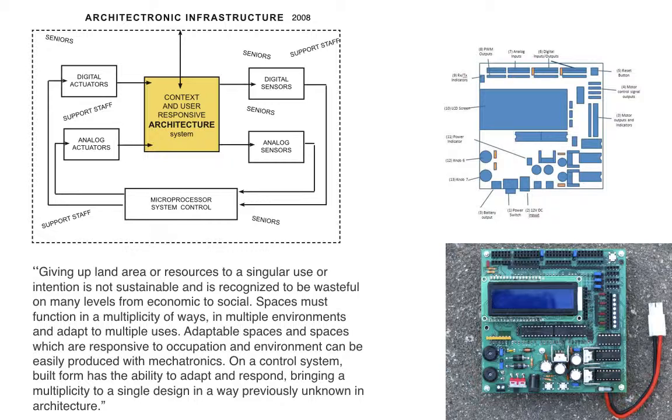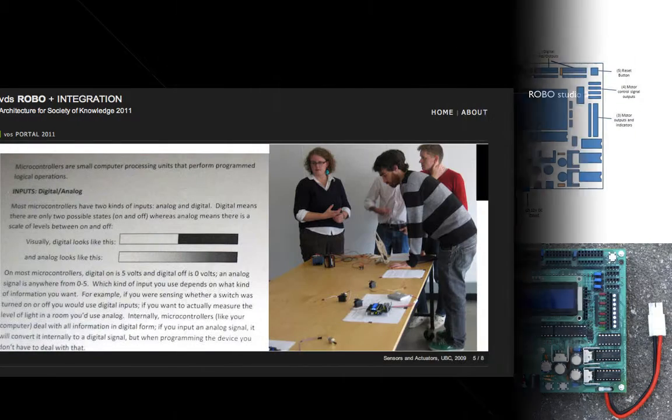Adaptable spaces which are responsive not only to occupants but to environment can now be produced with mechatronics. On the control system, built form has the ability to adapt, to respond, and to bring a multiplicity to the single design previously unknown in architecture. So this was some of the theoretical writing related to those early exercises.